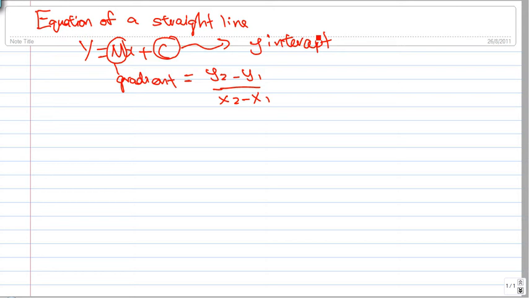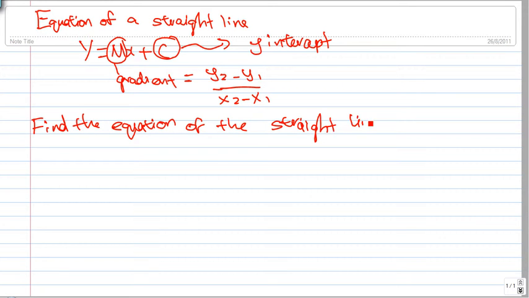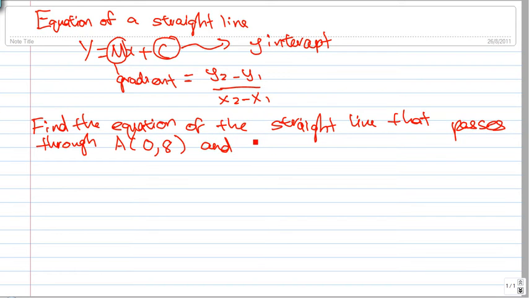So let's say they give you a point. Let me write the question down. Find the equation of the straight line that passes through A, which is (0, 8), and has a gradient of 2.